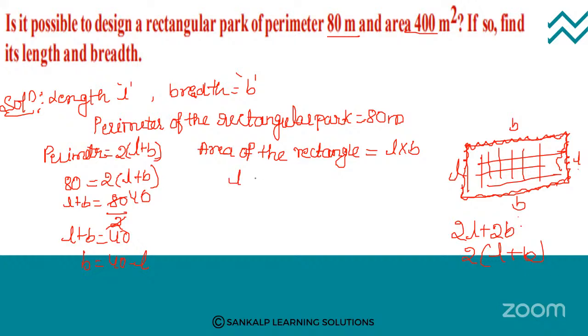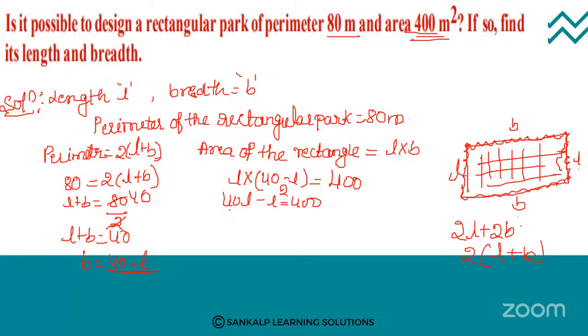L value is L only. B value is 40 minus L, just now we calculated. So L into 40 minus L is equal to the area they have given, that is 400 meter square. L into 40 is 40L minus L into L is L square, equal to 400.